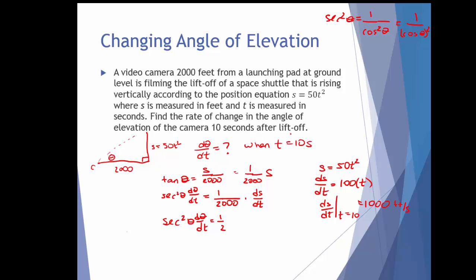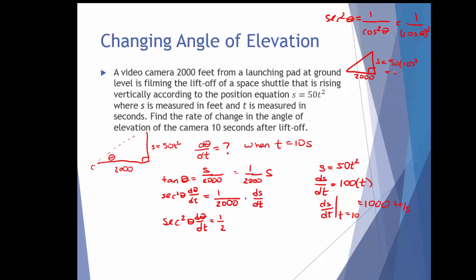And now that we're talking about a specific time, we can examine a specific triangle to help us do that. What we know is that we have a right triangle. This leg is going to be 2,000. The vertical leg is going to be s, which is going to be 50 times t squared. Well, t at this particular moment is 10, so that's 10 squared.